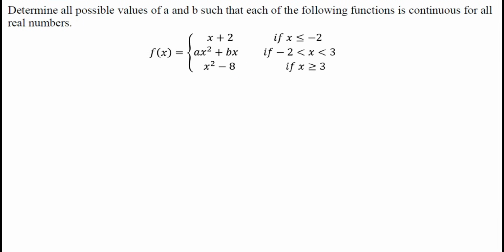All right, and we've got just a couple more here to go. We're going to try to find values of a and b so that the function here is continuous for all real numbers.